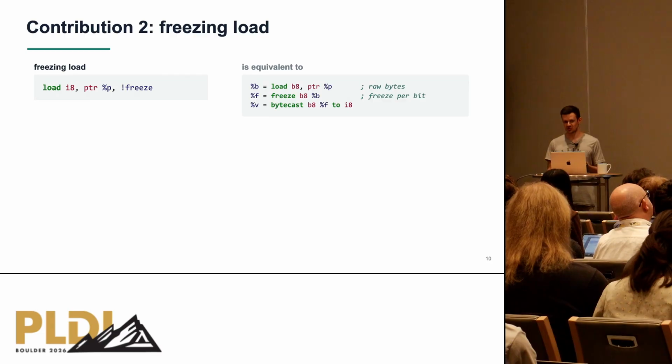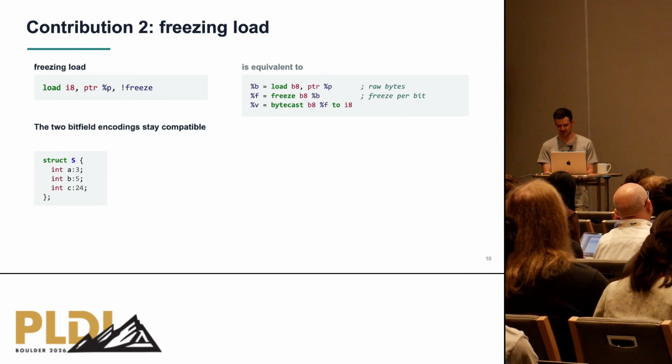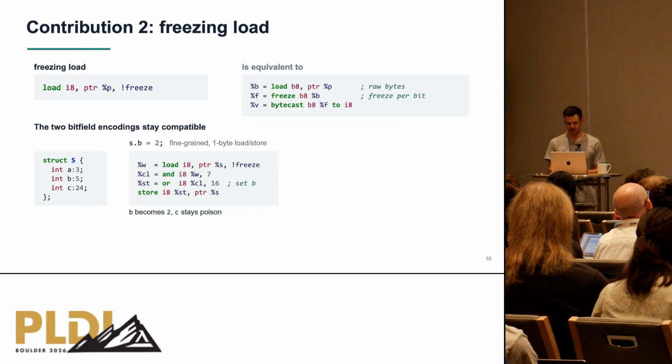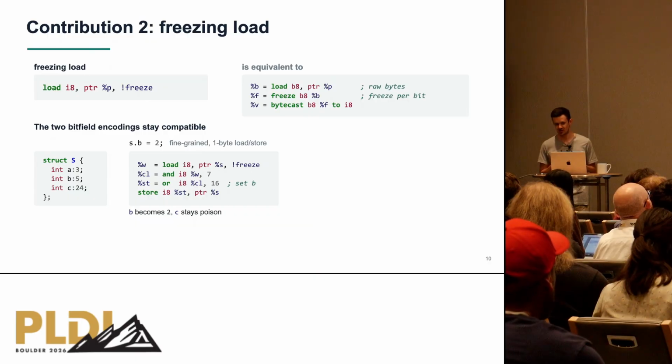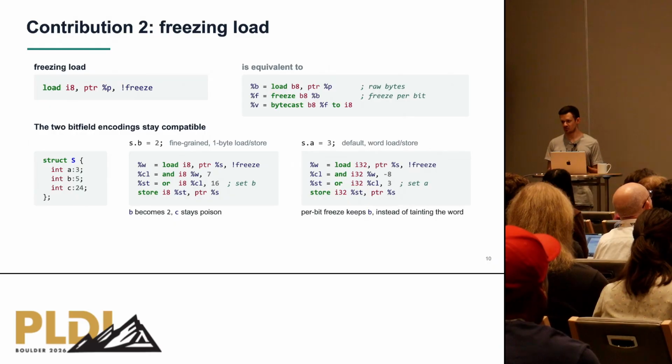Our second contribution is a freezing load to address the bit field issue, which is equivalent to loading raw memory, then freezing it per bit, and then casting the result to an integer. So this is what bit fields need. Clang currently has 2 encodings for bit fields. It has a fine-grained encoding, which aims to reduce the bit width of loads, and a default encoding, which loads at the word level.